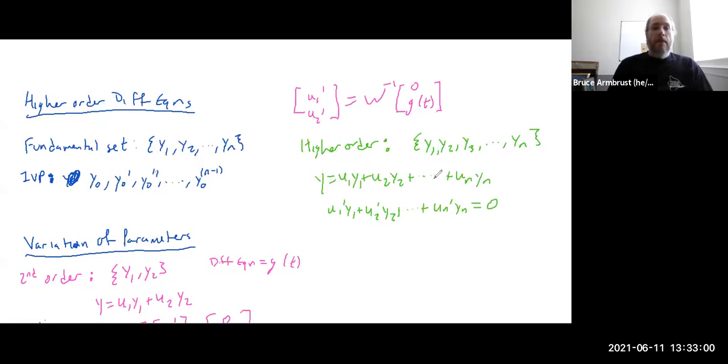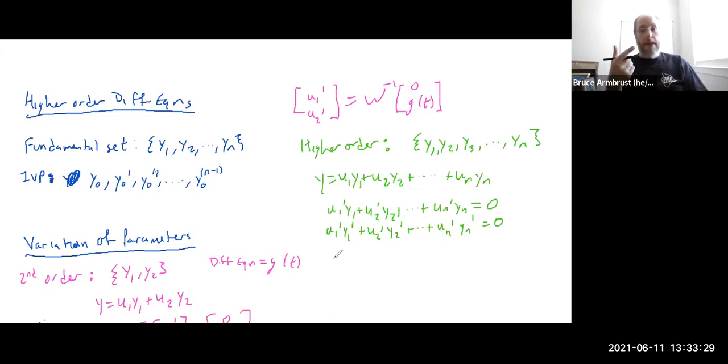Okay, so then we differentiate again. That's going to give us some u1 primes times y1 primes and all that. And we're going to want to do the same thing where all of the things that now have u primes are also attached to y primes after we take a second derivative. We're going to want that to equal 0 for the same reason.